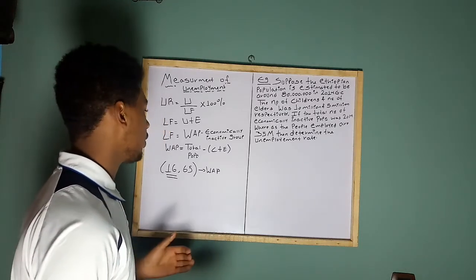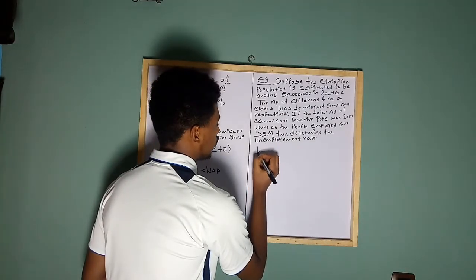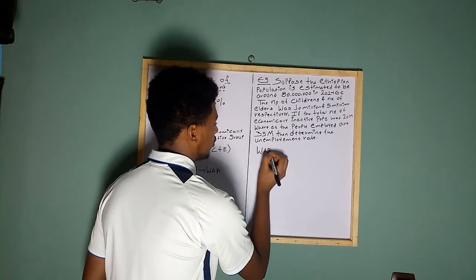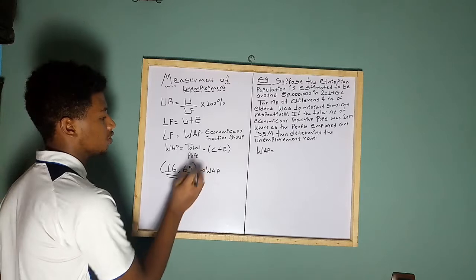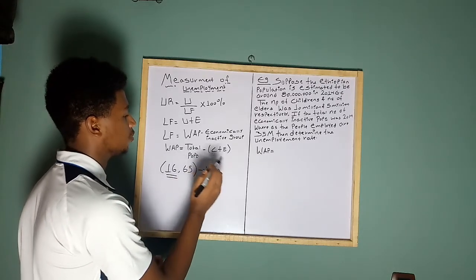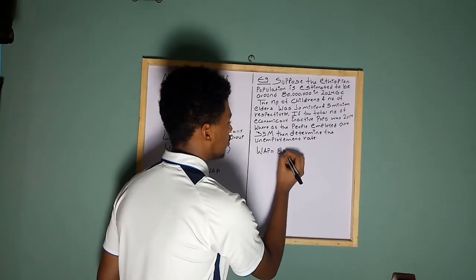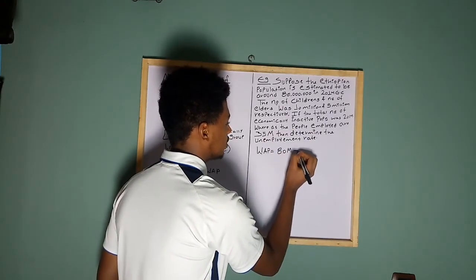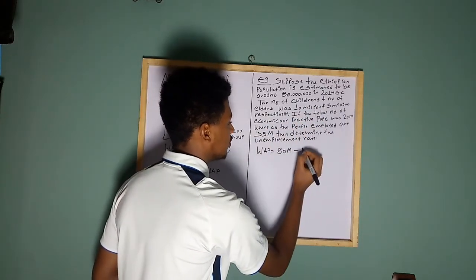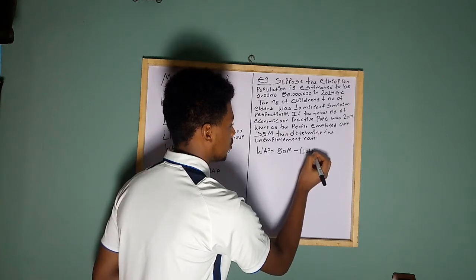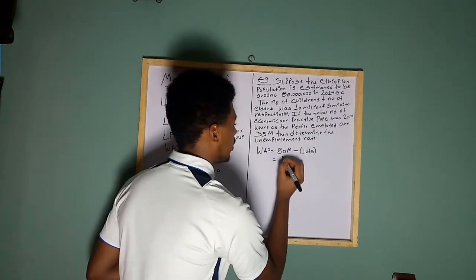In order to determine the unemployment rate, the first thing that we are going to calculate is WAP. WAP, as in the formula I've given you here, is total population minus children plus elderly. The total population is 80 million minus children plus elders, 10 plus 5, which is 15 million. So the result will be 65 million.